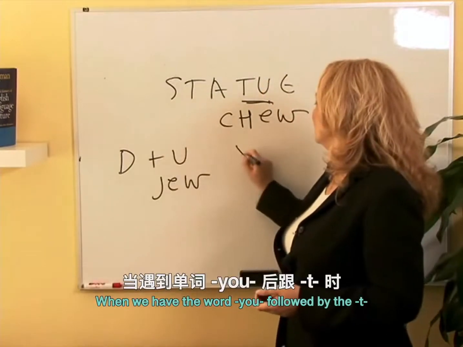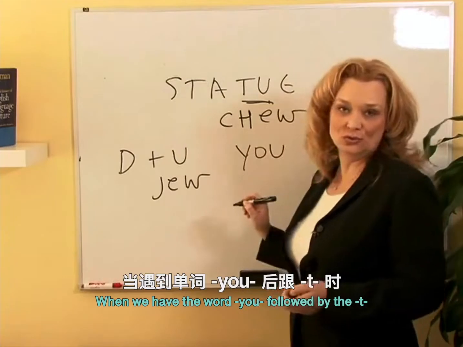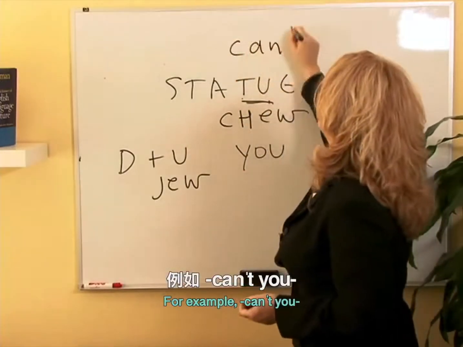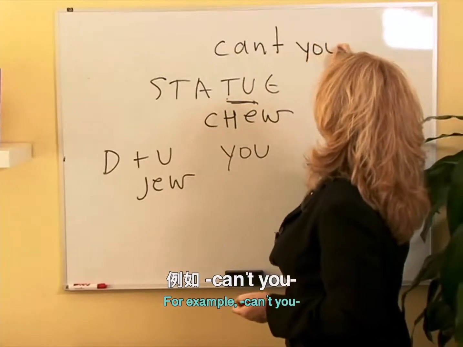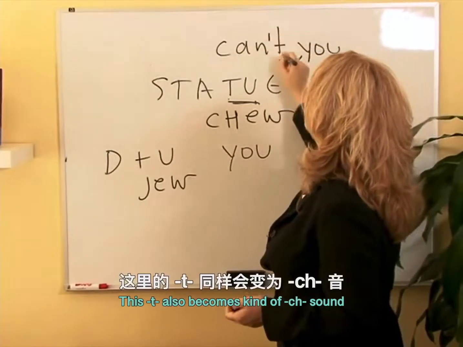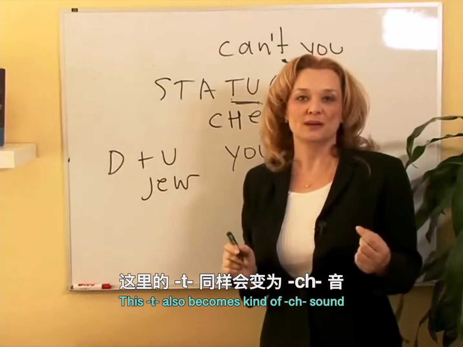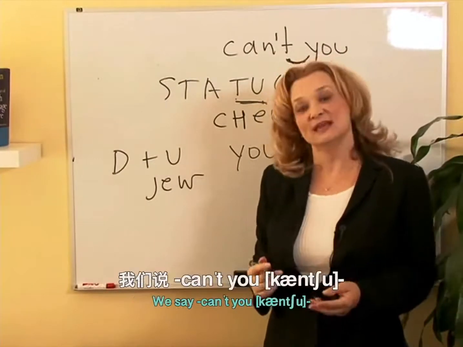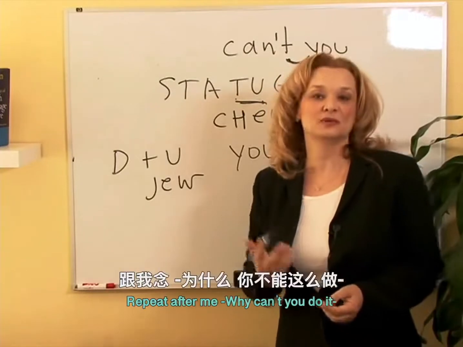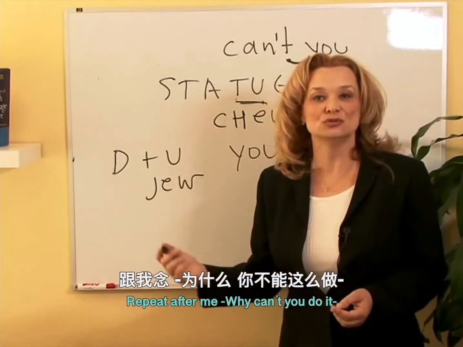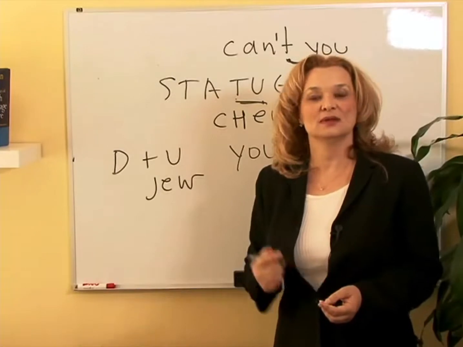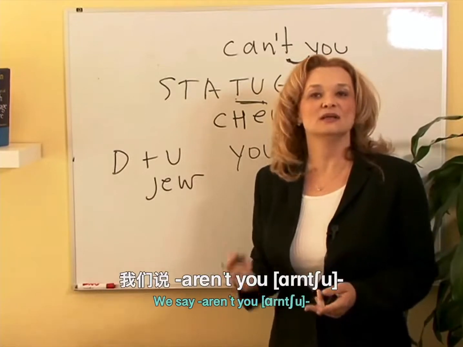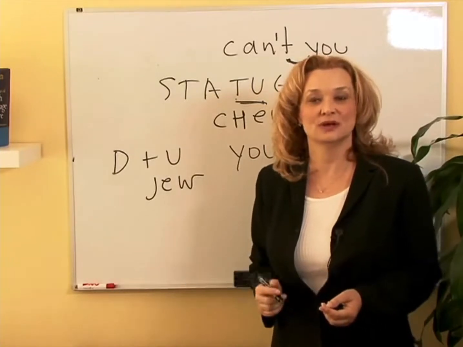When we have the word "you" followed by a T, for example, "can't you?", this T also becomes kind of a CH sound, so we don't say "can't you," we say "can't you?" Repeat after me. Why can't you do it? Aren't you? We don't say "aren't you," we say "aren't you?" Aren't you hungry?